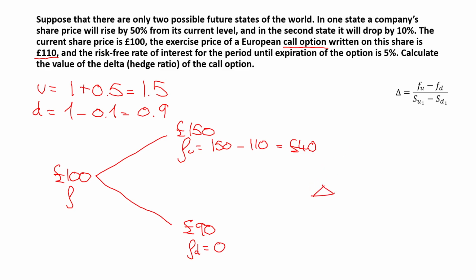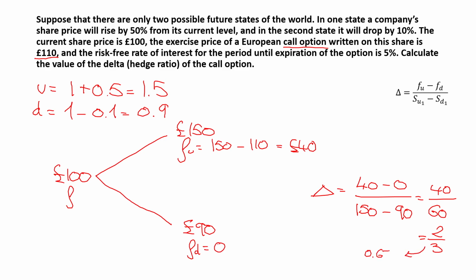Delta, denoted by this Greek letter, is equal to FU, which we know is 40 pounds, minus FD, which is 0, over SU, which we know is 150, minus SD, which is 90. This gives us 40 over 60, which simplifies to 2/3, or in decimal places we could also write 0.67. So this is the value of the delta in this exercise.